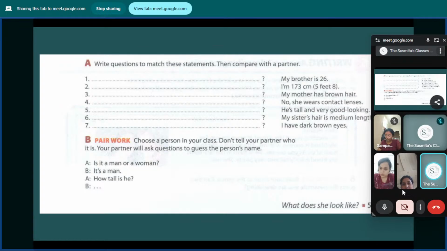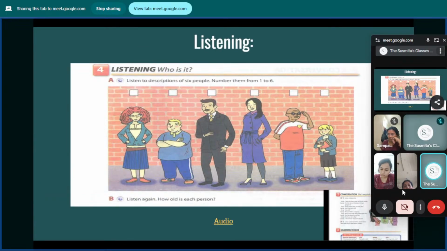Number 6 होतं. Okay. What color are your eyes येईल मग ते if you're answering for number 7. What color are your eyes? And for number 6, how long is your sister's hair? Okay, that would be the question. Very good. Moving to the next part over here.